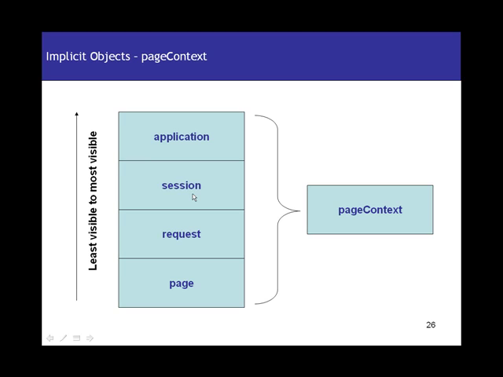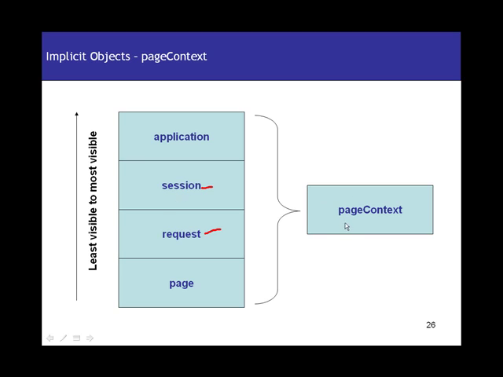No, right? If I set it at request level, I have to retrieve it at request level. If I set it at session level, I have to retrieve it at session level. I can't simply set it at request and try to fetch the value from the session, right?